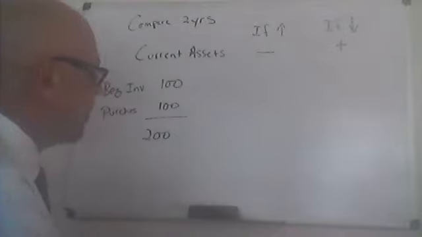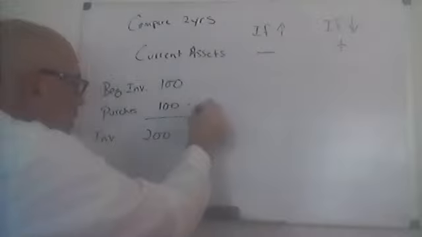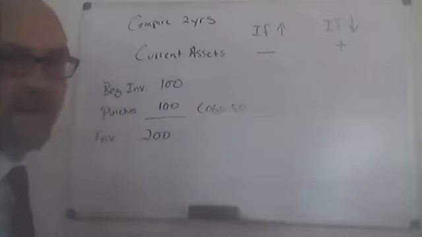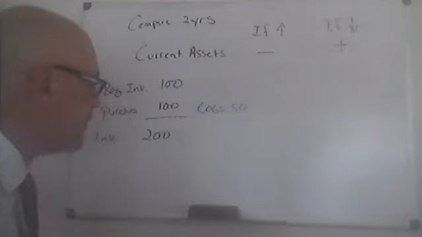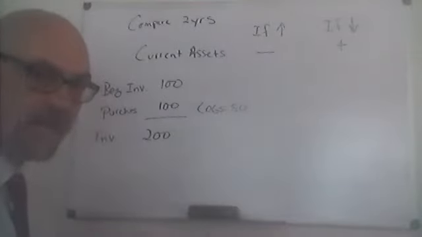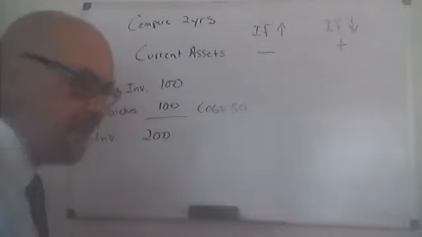Makes our inventory 200, okay? But say on our income statement, our cost of goods sold was only 50. Okay, because we match our cost of goods sold with our revenue. So we are lowering our cash by $50 on the net income per se from our revenue.